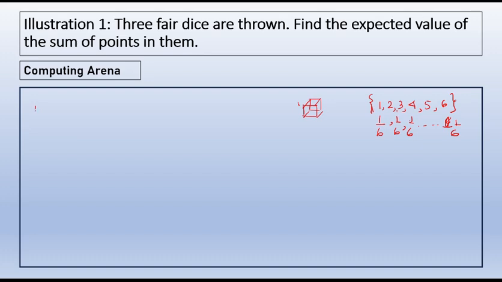Let x be a random variable which represents the outcome of the first die.